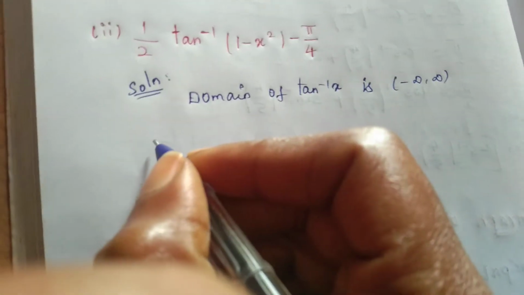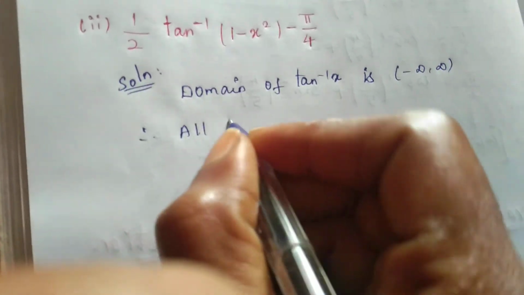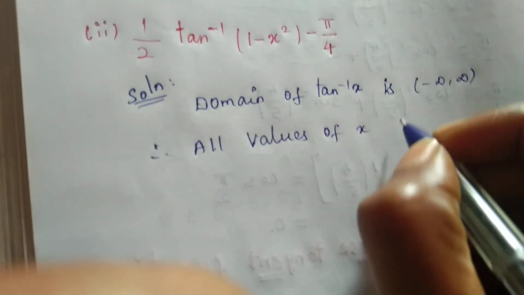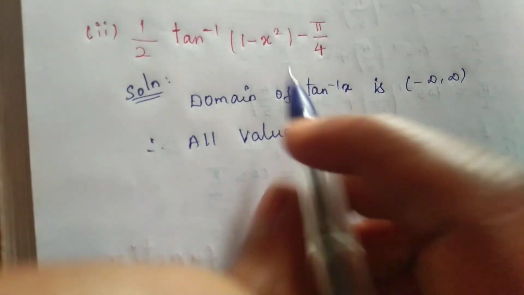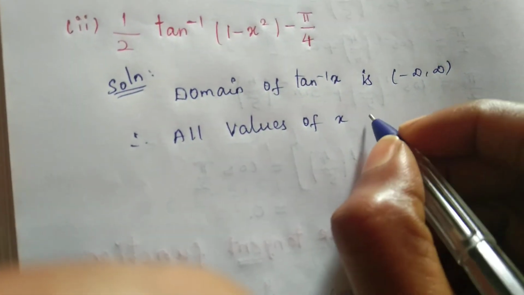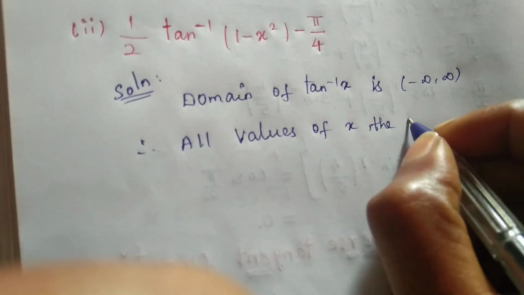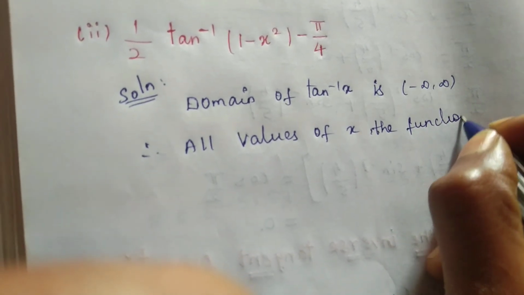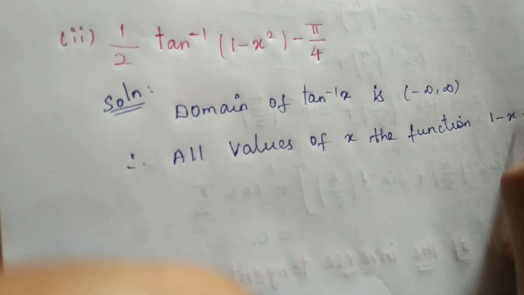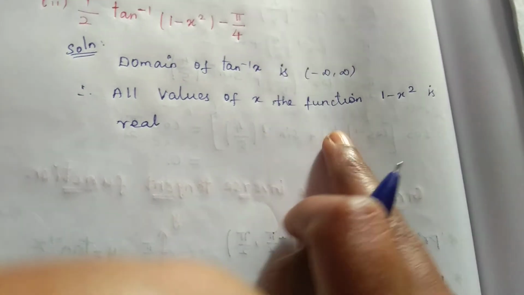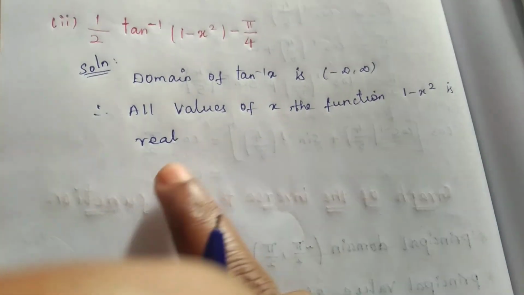Therefore, for all values of x, the function 1 minus x square is real.